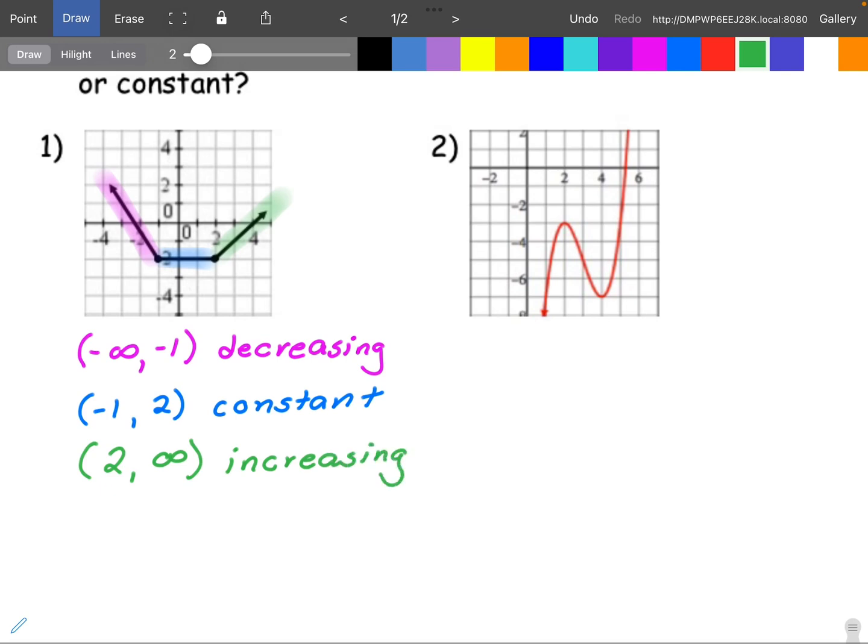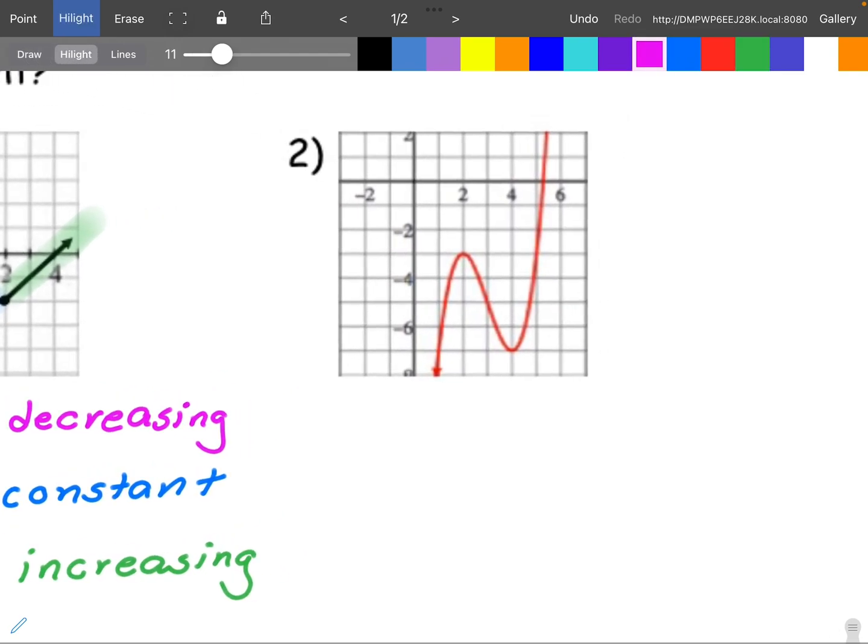Okay, let's take a look at the next one. So this is all curves, but we do still have points at which the behavior changes from increasing to decreasing to increasing and back and forth. So for our first section, remember, always start from the left and work your way to the right. So from the left, I start here and I've got an arrow and it's going up until it reaches this point right here.